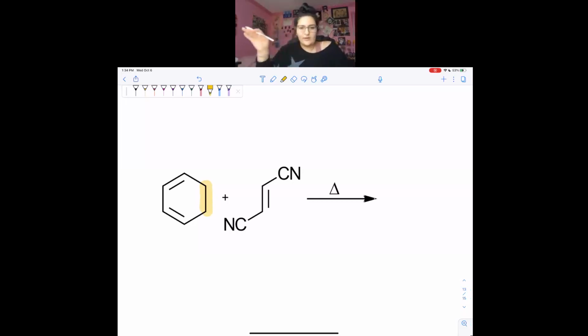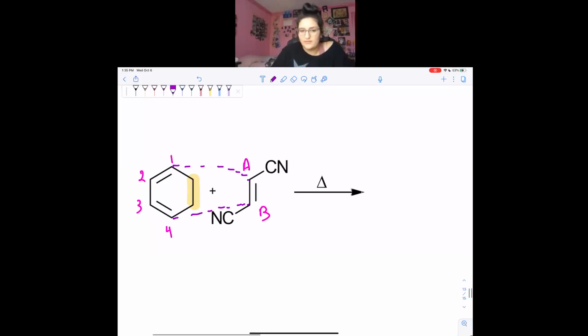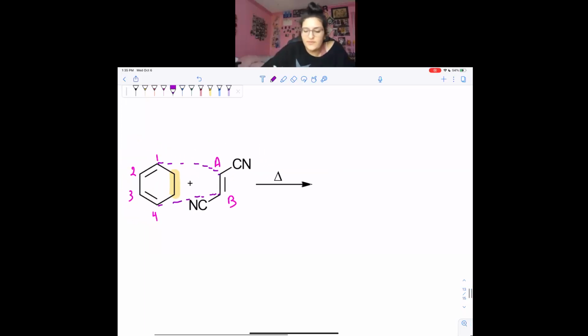We're going to ignore it for now, but once we draw the product, we have to keep that in mind. So I'm going to say 1, 2, 3, 4, A, B. And I know that 1 and A connect, 4 and B connect.